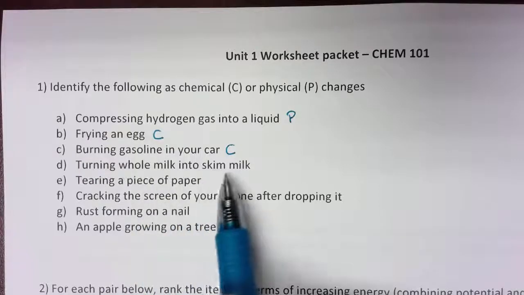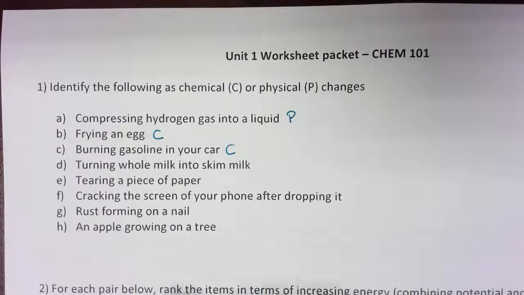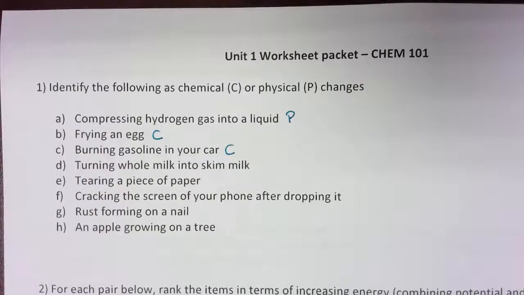Turning whole milk into skim milk. Now, whole milk is essentially milk in its raw form as it came out of the cow. It's been pasteurized, of course, but it has not been altered in any way. Skim milk means that the cream from the whole milk has been skimmed off.